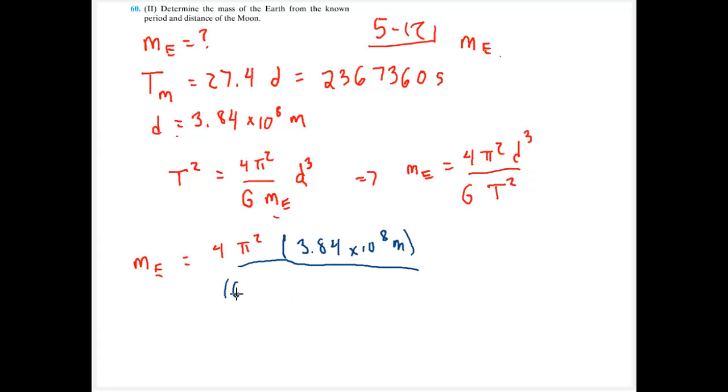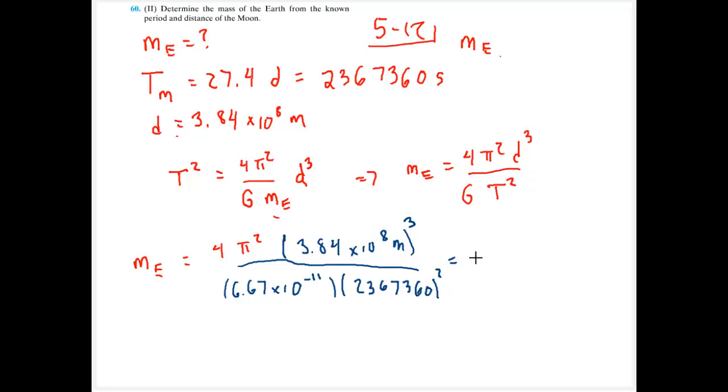Big G is going to be 6.67 times 10 to the negative 11th, and it's got a whole bunch of units on there. And last but not least, I have my period squared, so it's going to be 2,367,360 quantity squared. Don't forget to cube your distance since I messed that up.